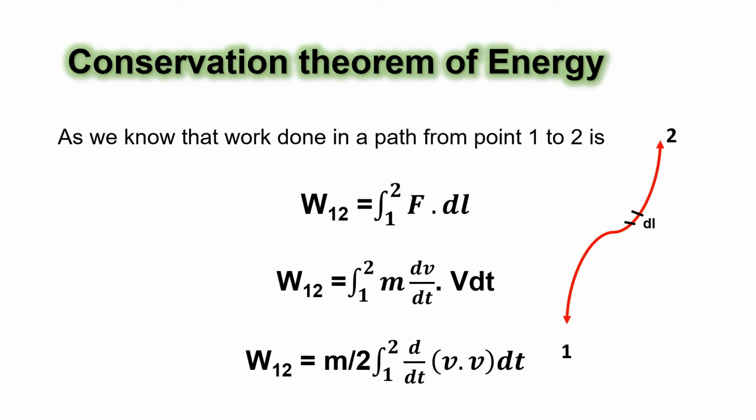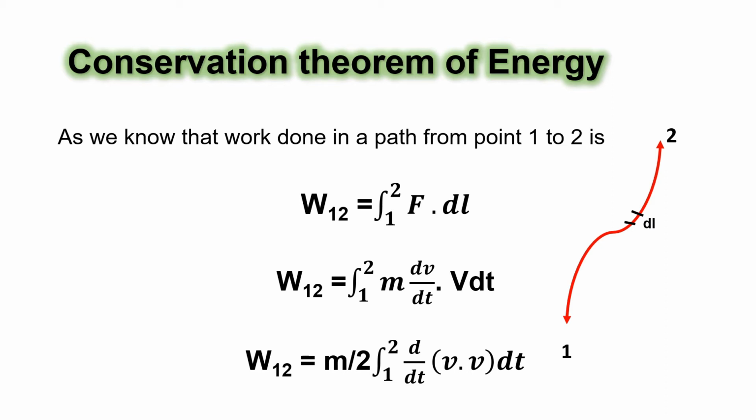Now, to derive the conservation theorem of energy, we have a path from 1 to 2, and we have a short patch of dl. So we can write the work done along the path from 1 to 2, W12, is equal to the integral from 1 to 2 of F dot dl.